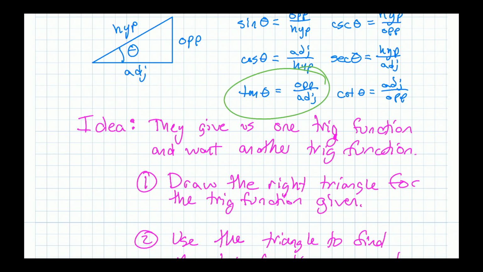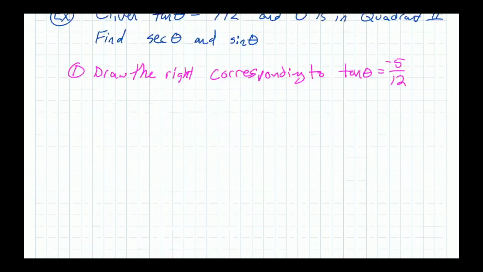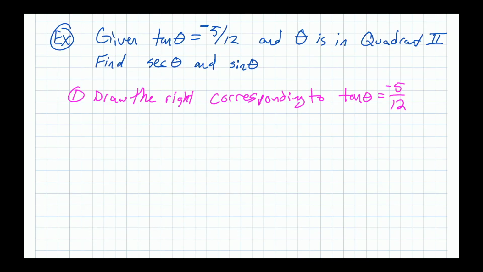So what that's telling you is, if the tangent is the opposite over the adjacent, then negative 5 over 12 must be the opposite over the adjacent. And so we're going to assume that the adjacent side is 12, and that the opposite side is negative 5.